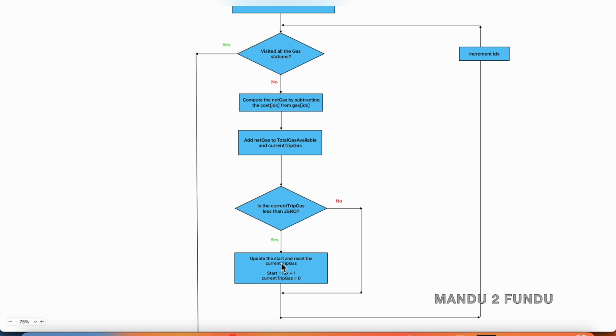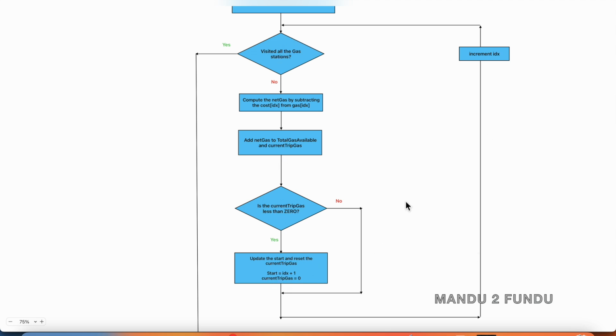So in that case we have to reset the starting point of the circular traversal. So we update the starting pointer with the value idx plus 1. Basically we move to the next entry, and then we reset the current trip gas. If that value is greater than or equal to 0, then we proceed to the next station.